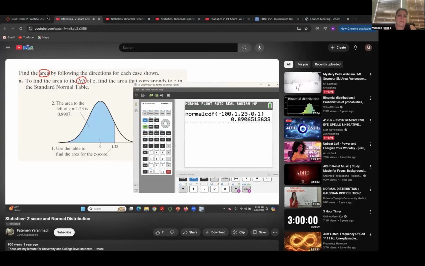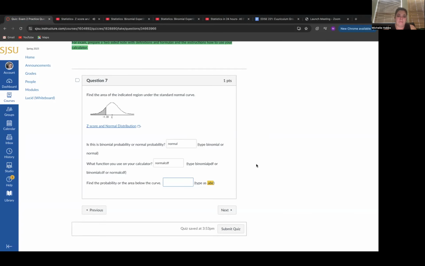So this area is 89.07%, or in decimal form, 0.8907. So again, either in decimal form or in percent form. When you're talking about probability, you're talking about this shaded region.